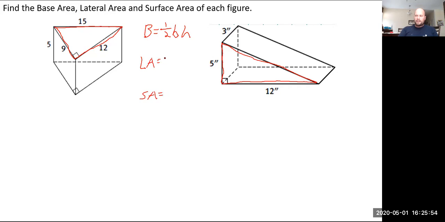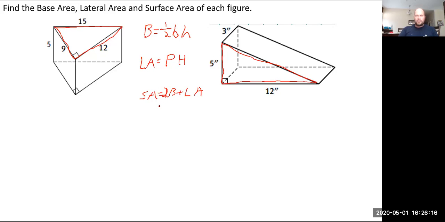For the lateral area, it will be found by doing the perimeter of the base times the height of the solid. The surface area will be done by taking 2 times the area of the base, plus the lateral area.